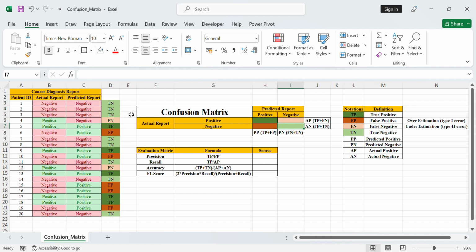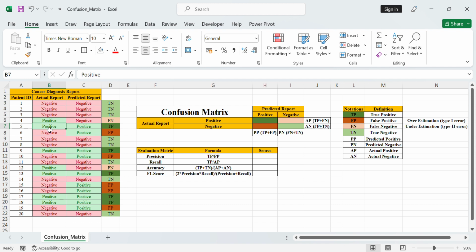Here, as you can see, there are some notations, TP and FP. Let me read out this notation for you, it will be easy. TP means true positive. True positive means the machine has truly predicted positive.